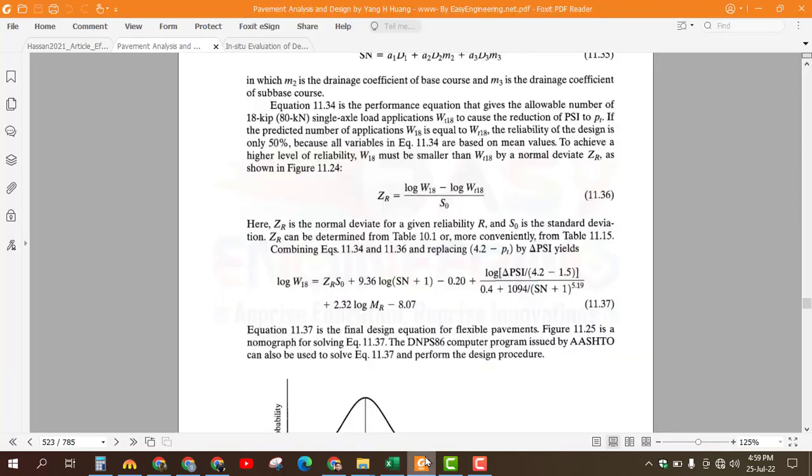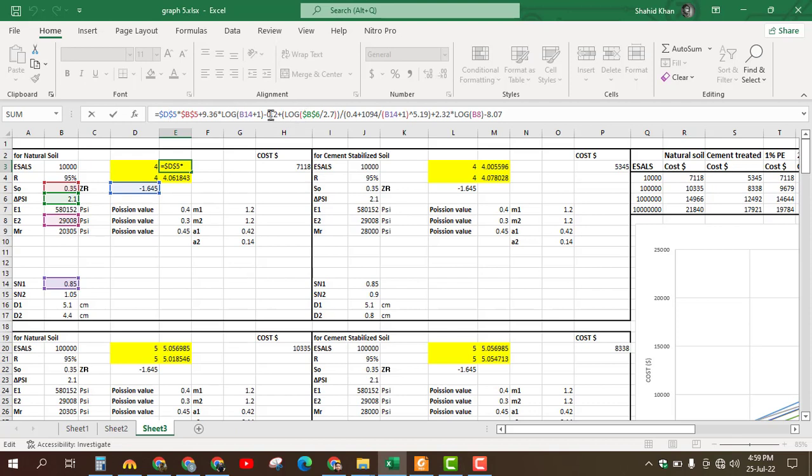So look at the equation, ZR times S0 plus 9.36 into log of SN plus 1, and then minus 0.2 plus log of B6, the del PSI value 2.1, divided by this whole term, divided by 0.4 plus 1094 divided by B14 plus 1. So B14 is actually the structure number. I also put this B14, the structure number, here.